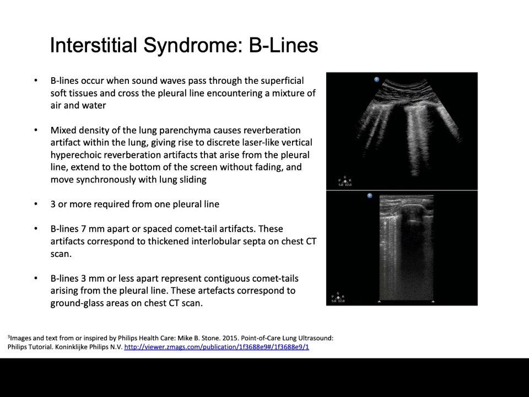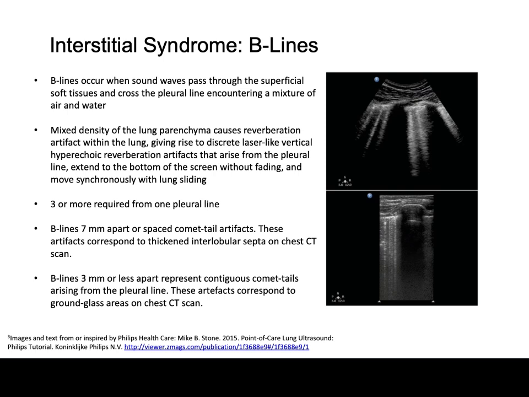Now we will discuss interstitial syndrome and the evaluation of B-lines. Note these are not identical to the curly B-lines that we look for on chest x-ray when looking for pulmonary edema. B-lines occur when sound waves pass through the superficial soft tissues and cross the pleural line, encountering a mixture of air and water. The mixed density of the lung parenchyma causes reverberation artifact within the lung.